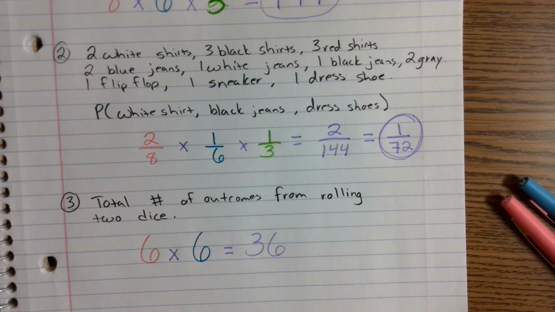If you were to map it, it would create a 6 by 6 grid, where the first die could land on a 1 and the second could land on a 1, or a 1 and a 2, a 1 and a 3, and so on, until you get all the way down to a 6 and a 6. It's 36 different ways that the 2 separate dice can land.